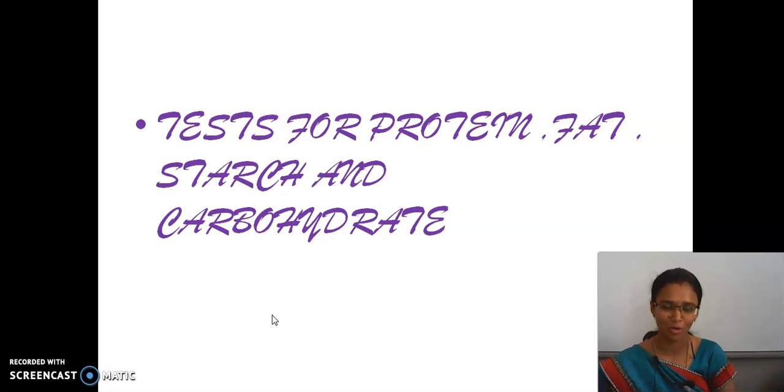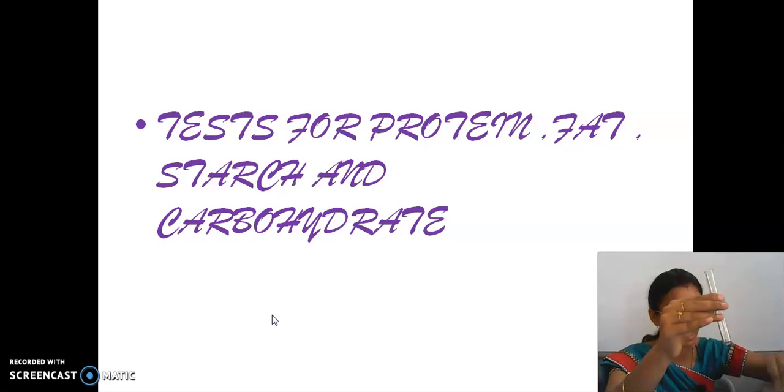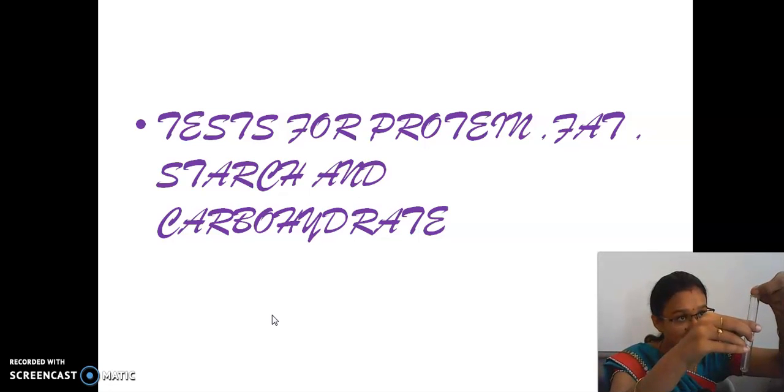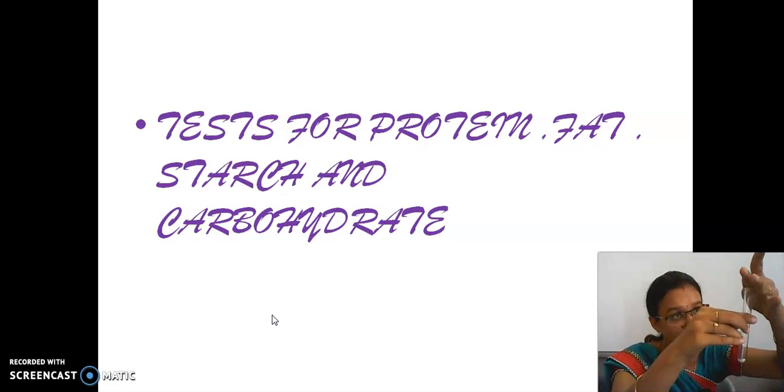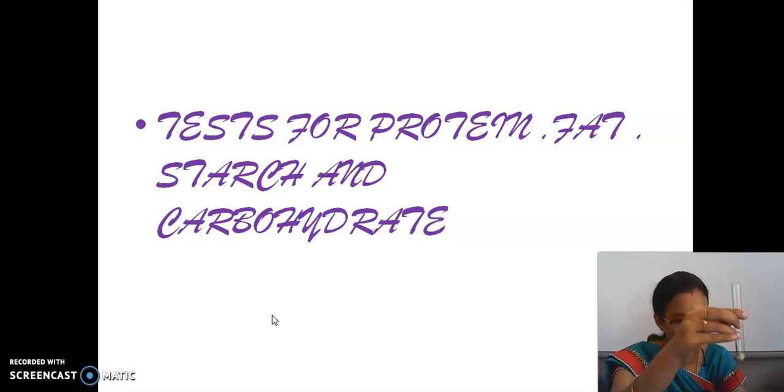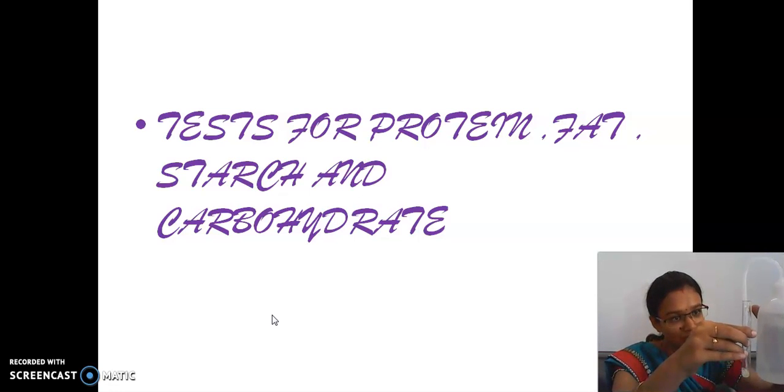Now I don't have iodine solution. If I get it, I'll do it for you. Now we will test whether protein is present in this potato or not. I'll take 2 pieces of potatoes and add them in the test tube, and some water.